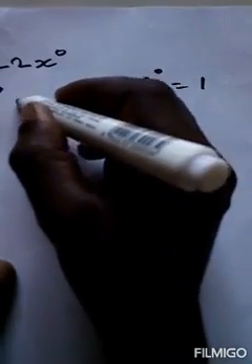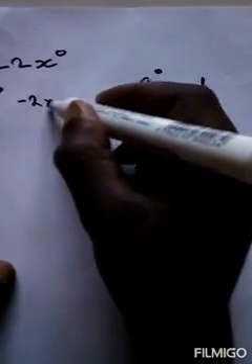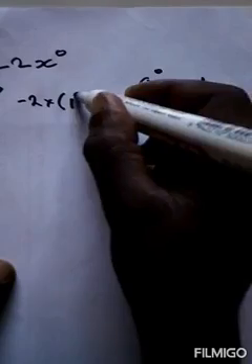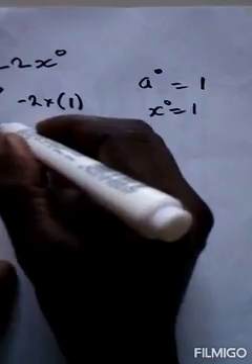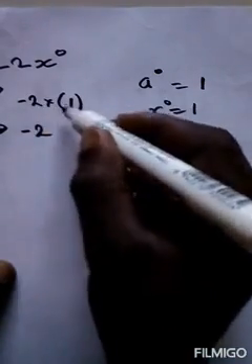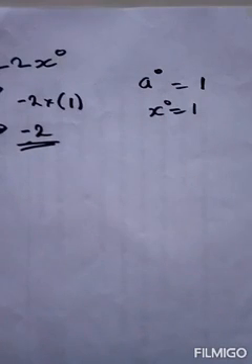So we're going to have negative 2 multiplied by x to power 0, and we know that x to power 0 is equal to 1. So what do we end up having? We have negative 2. So negative 2 times 1 is negative 2. It's as simple as that. It ends here. This is how simple this one was.